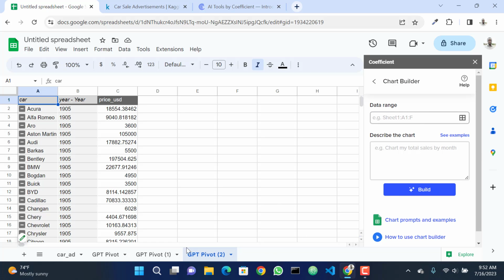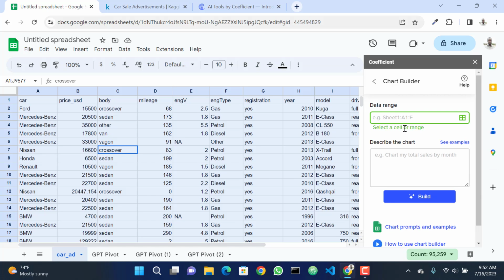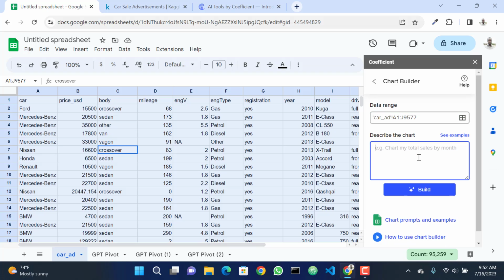So under the Copilot extension, you can see consider building charts. This is chart building. So let's just try a chart and see. I'm just looking at what kind of chart we can build. Okay, bar chart.